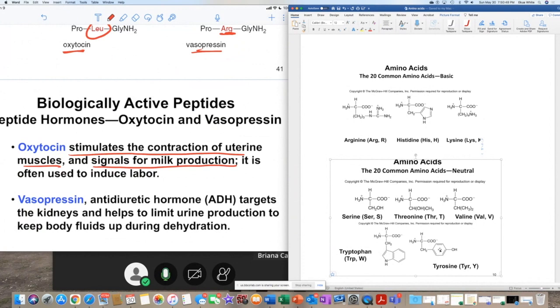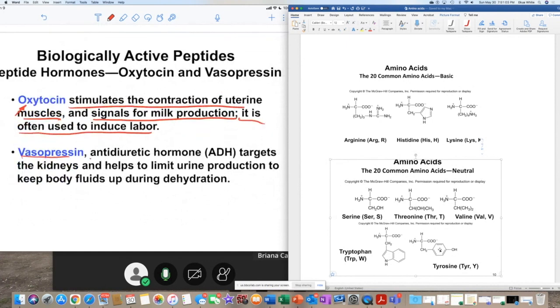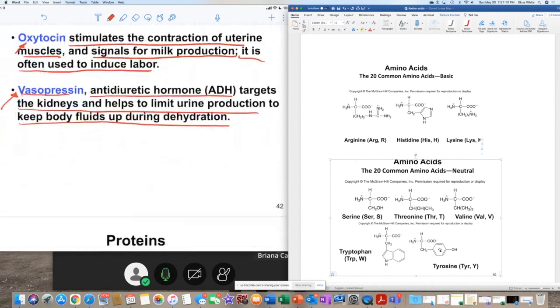Like once the milk is produced in the breast, it gets to come out of the breast because oxytocin is helping to contract those muscles to let the milk out. Okay, so it's often used to induce labor. Vasopressin is an antidiuretic hormone that targets the kidneys and helps to limit urine production to keep the bodily fluids up during dehydration. So vasopressin helps your body to not face dehydration.